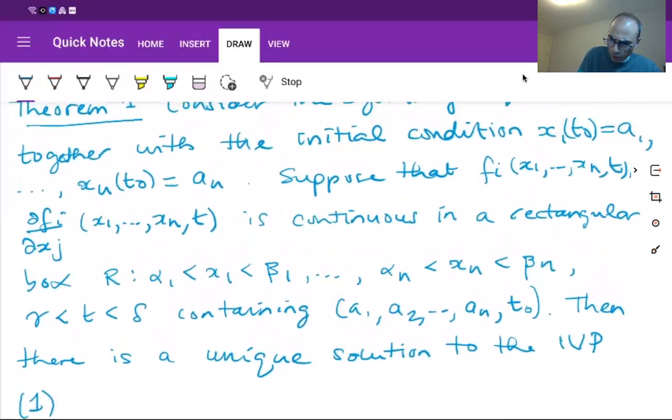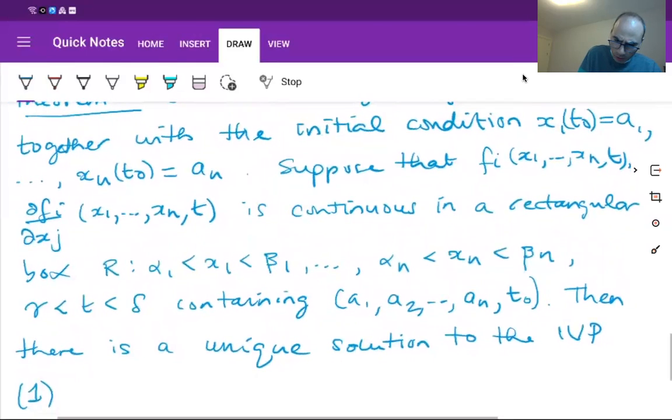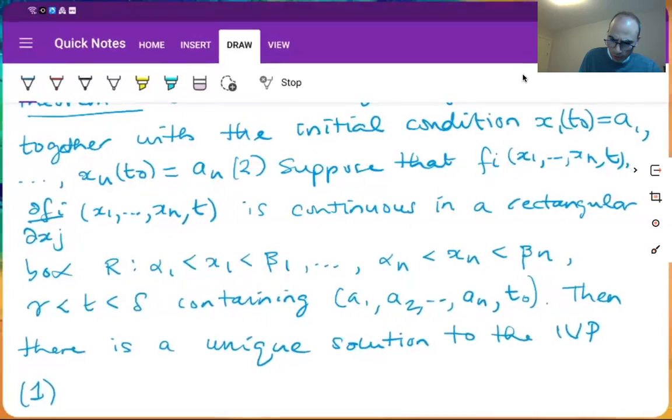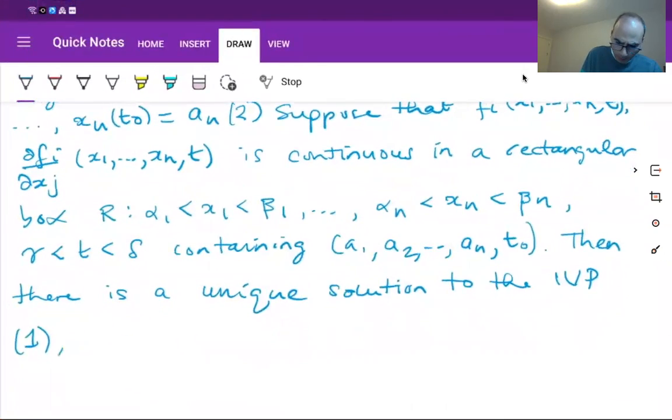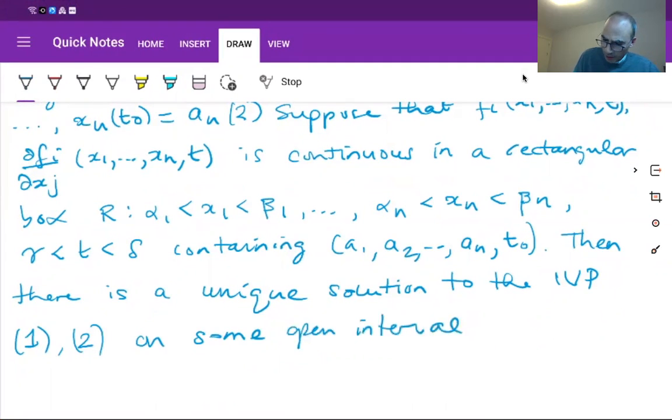Let's call these initial conditions, let me give this a number, let's call this 2. So 2 refers to these initial conditions x1(t0) equals a1, up to xn(t0) equals an, on some open interval containing t0.